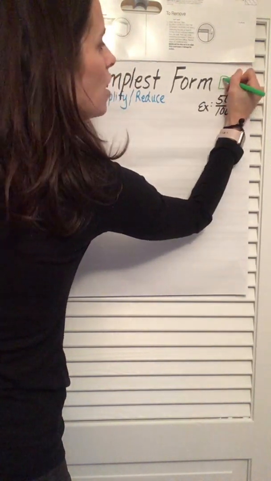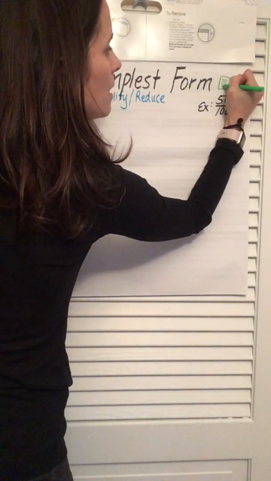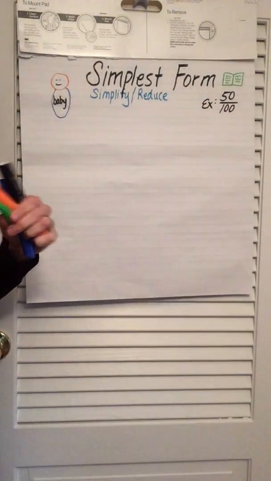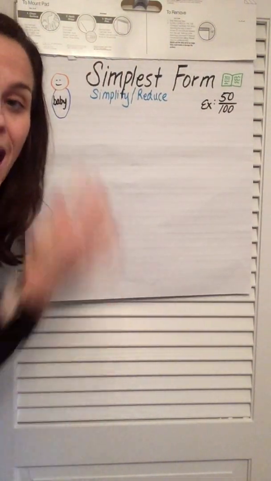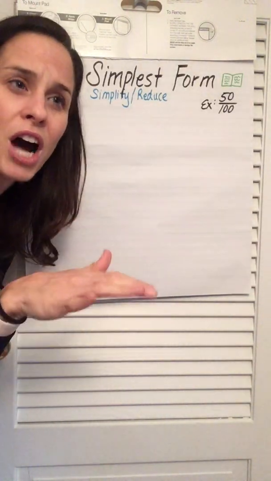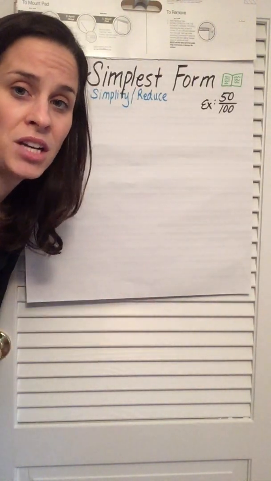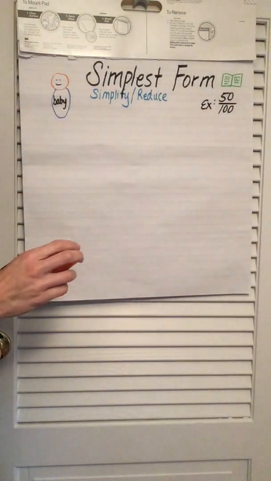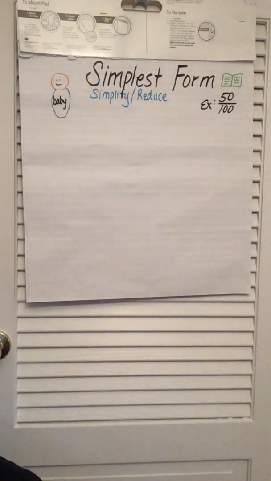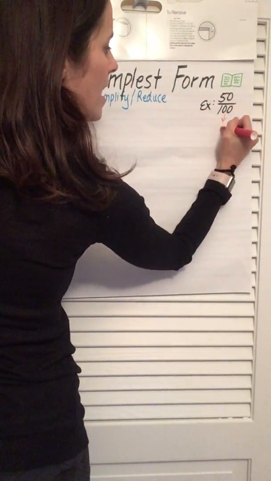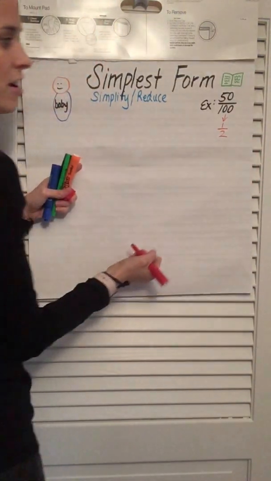is there another way, and think about equivalent fractions, is there another way that you can represent how much you've read, but in a simpler, more reduced fashion? Well, wait, 50 hundredths is the same thing as half, right?